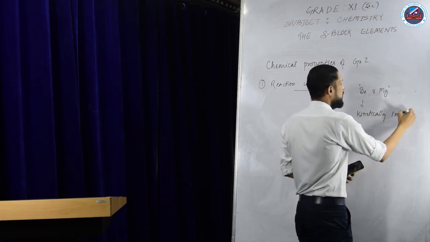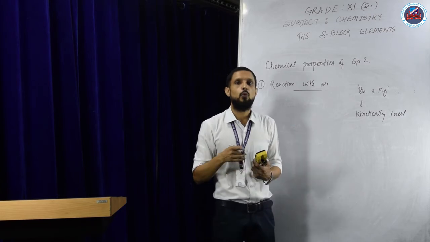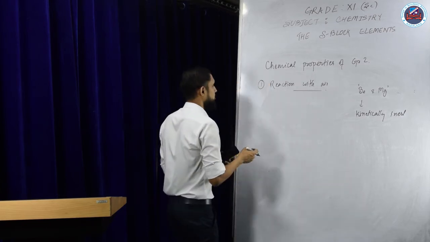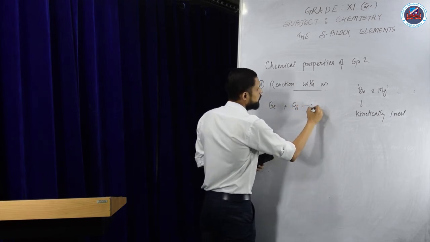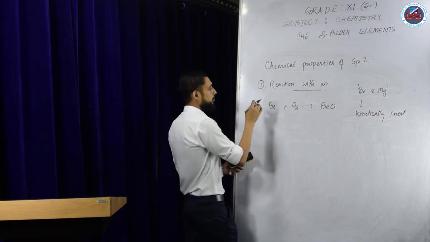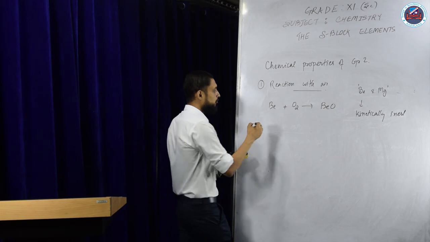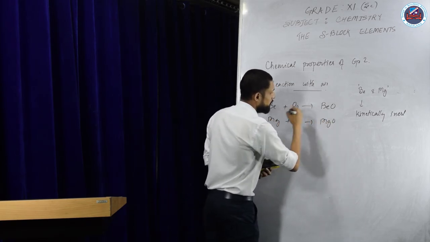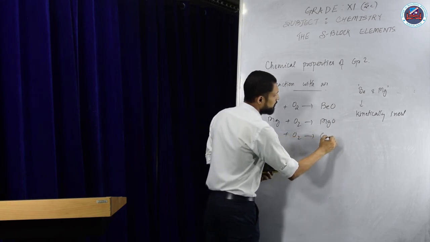Now, kinetically inert means they are less reactive toward air and water. However, under favorable conditions, these elements react with air to form their respective oxides. Like beryllium will form beryllium oxide, magnesium, Mg plus O2 will form magnesium oxide. Then calcium with oxygen forms calcium oxide.